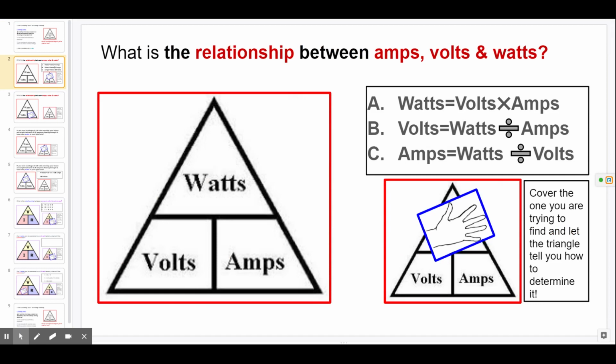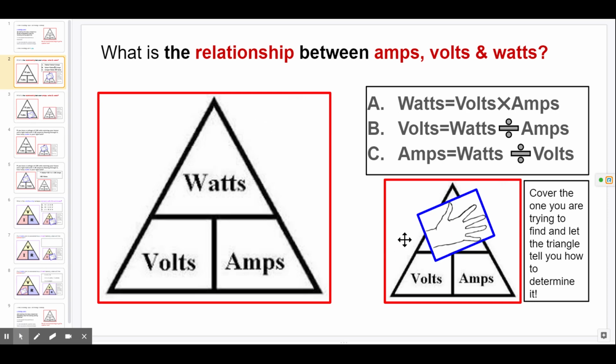What is the relationship between amps, volts, and watts? We can use the formula triangle to determine the relationship between amperes, volts, and watts, or current, voltage, and wattage.